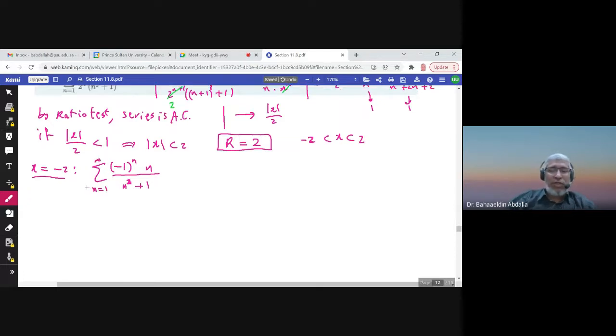Now look at this series. This is an alternating series. So let us find the limit. Bn in this case is n over n square plus 1.